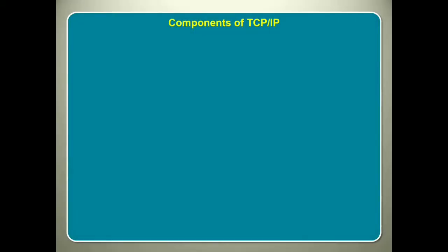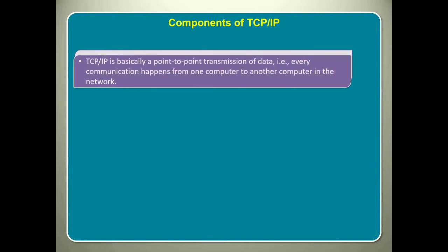Another important aspect you need to know is that TCP/IP is basically a point-to-point transmission of data. That is, every communication happens from one computer to another computer in the network.